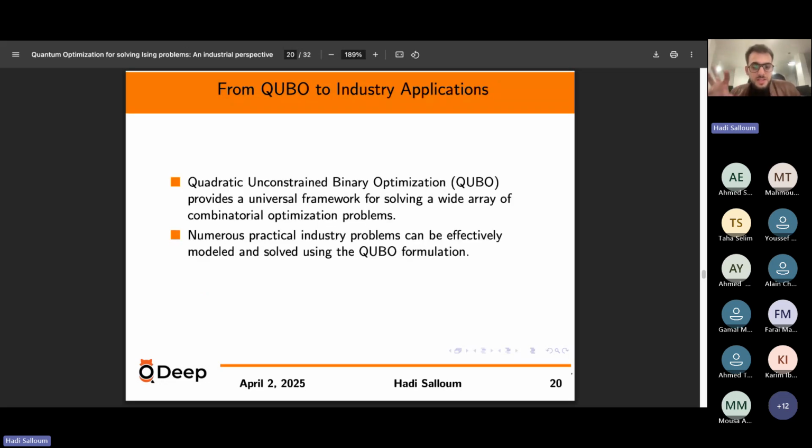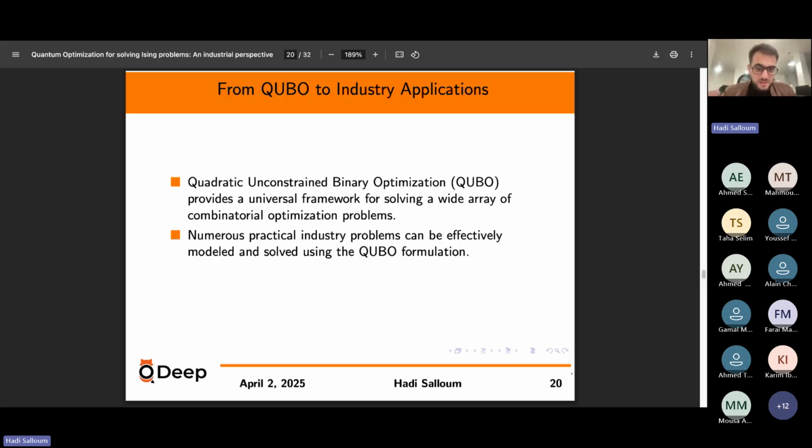QUBO is a universal framework to solve a big set of combinatorial optimization problems. Even NP problems, you can format as a QUBO and solve. But QUBO is an NP-hard problem, which is very hard for classical computers and takes a lot of time.